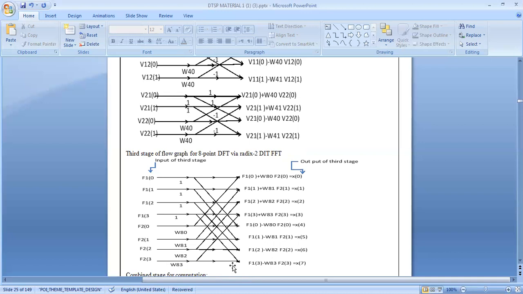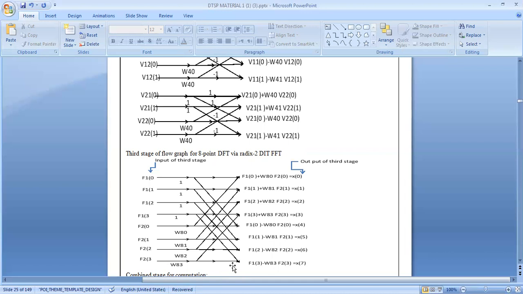Similarly, F1 of 2 plus W8 power 2 into F2 of 2, which is equivalent to X of 2. What about the next one? F1 of 3 plus W8 power 3 into F2 of 3 is equivalent to X of 3.